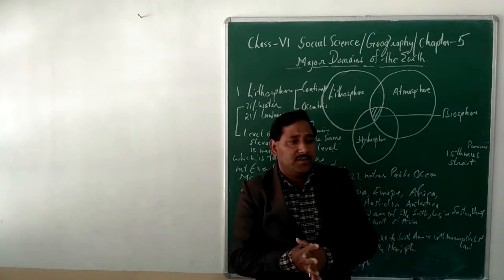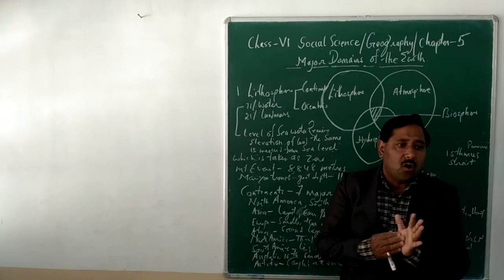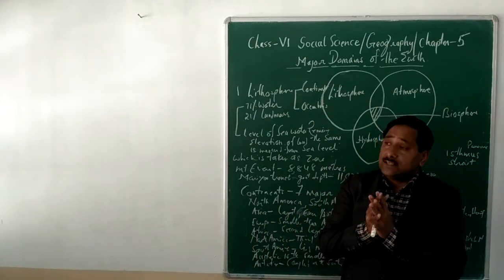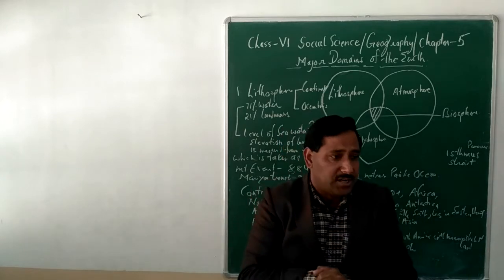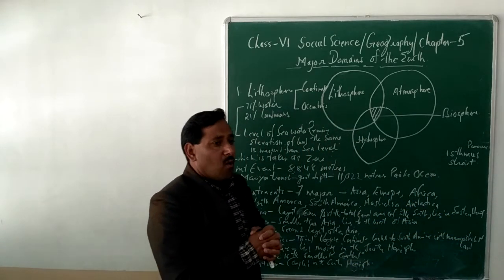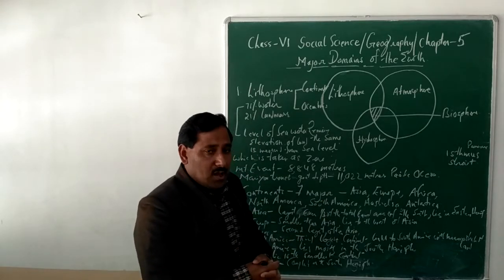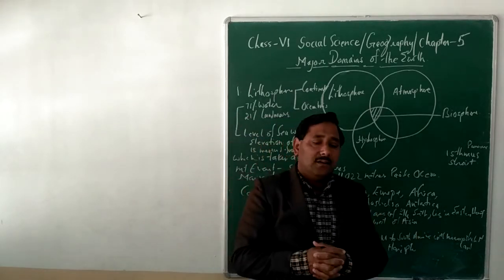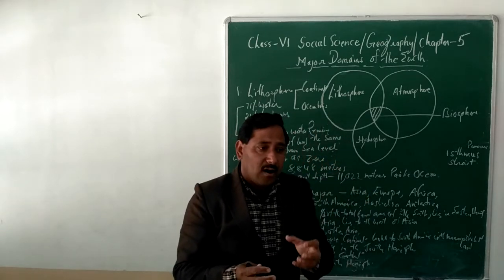As you read in the first chapter, the Earth is the only planet which has life. Human beings can live here because life-sustaining elements of land, water, and air are present on the Earth. So, you know that all elements of life are present over here.